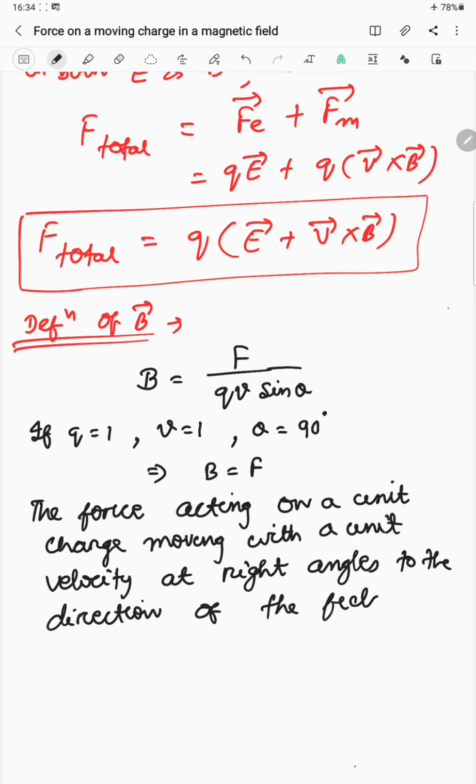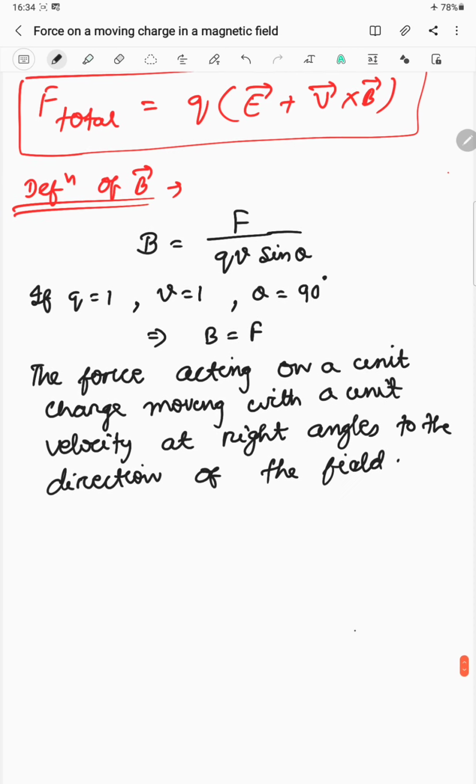This is the definition of magnetic field in terms of Lorentz force. It will come in the exam for 1 mark.